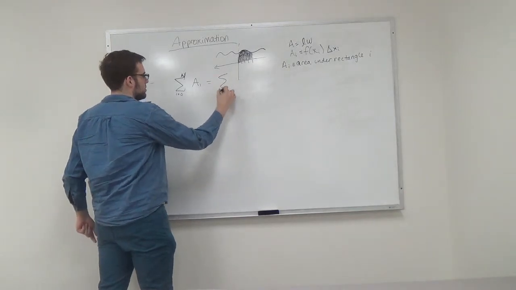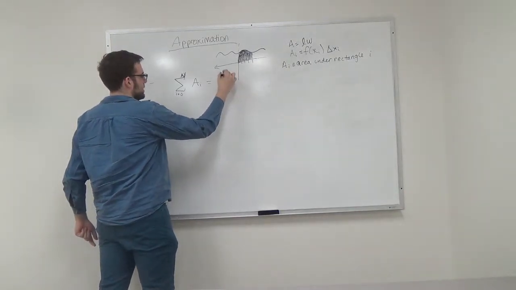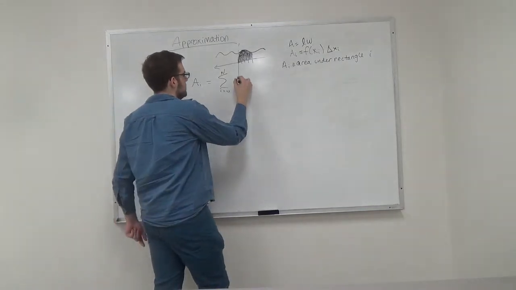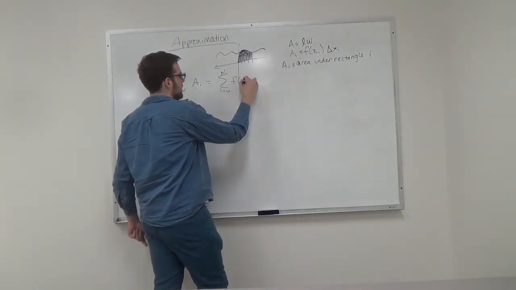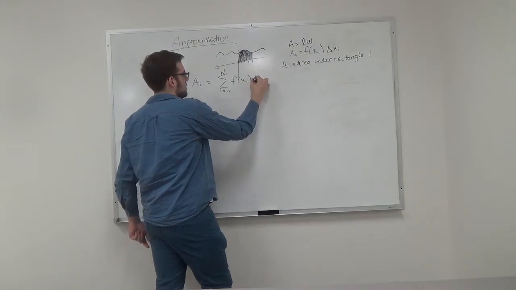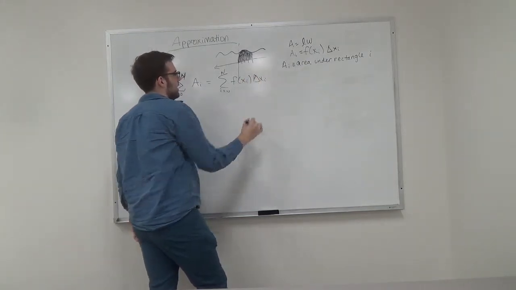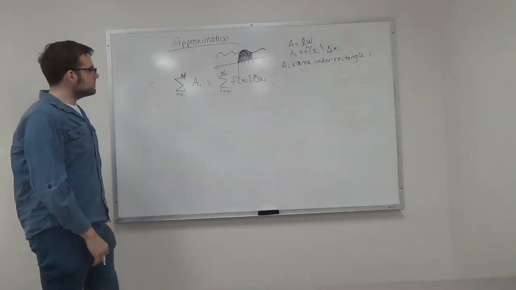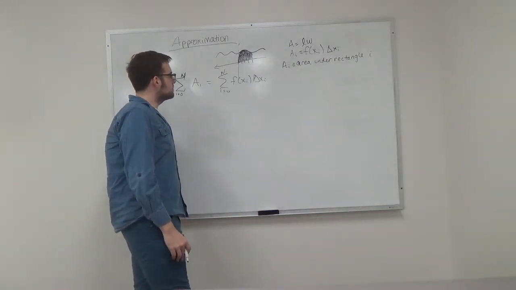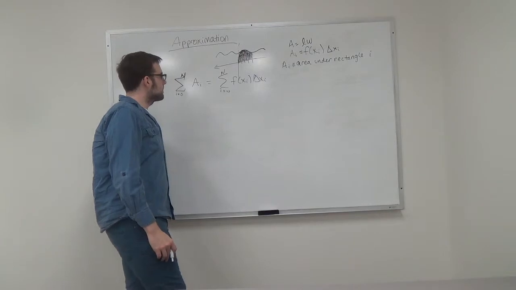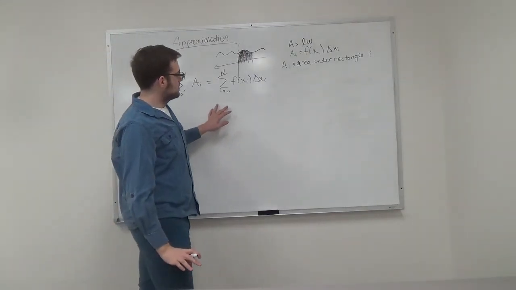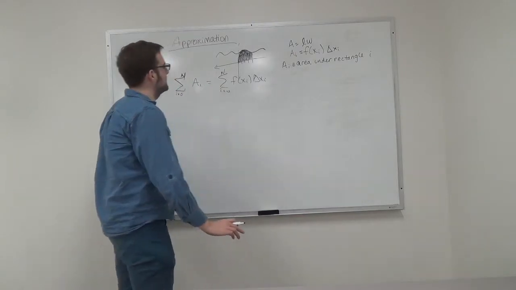That's equal to the sum i equals 0 to n of f of x i delta x i.